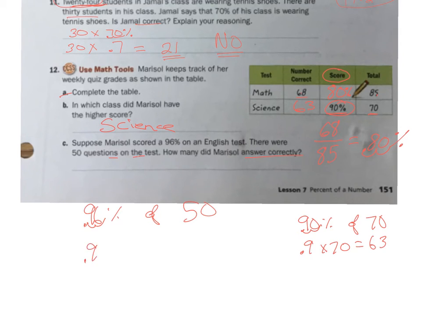So we have 0.96 times 50 equals 48. 48 correct. Which makes sense because a 96 is a really great score. That's 96%, almost 100%. And if 50 would have been 100%, 48 is really close. So it makes sense. Okay?